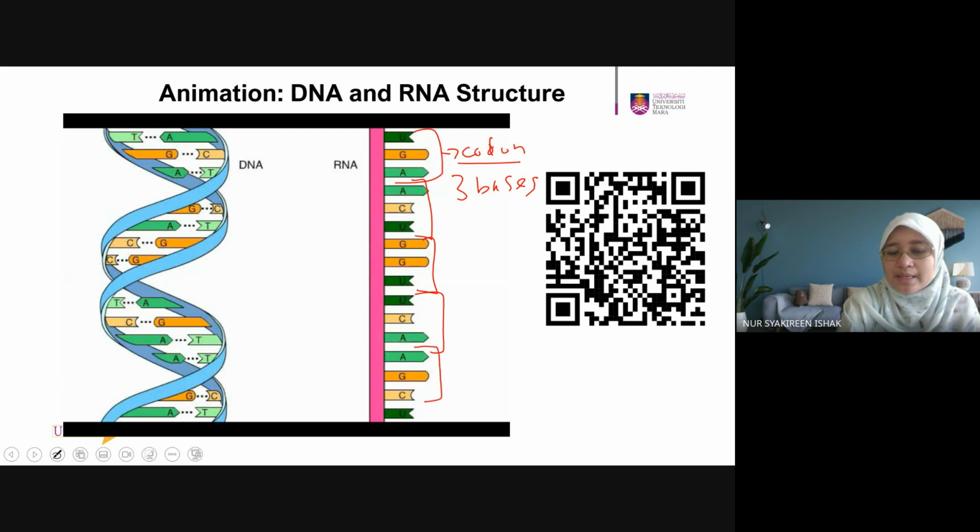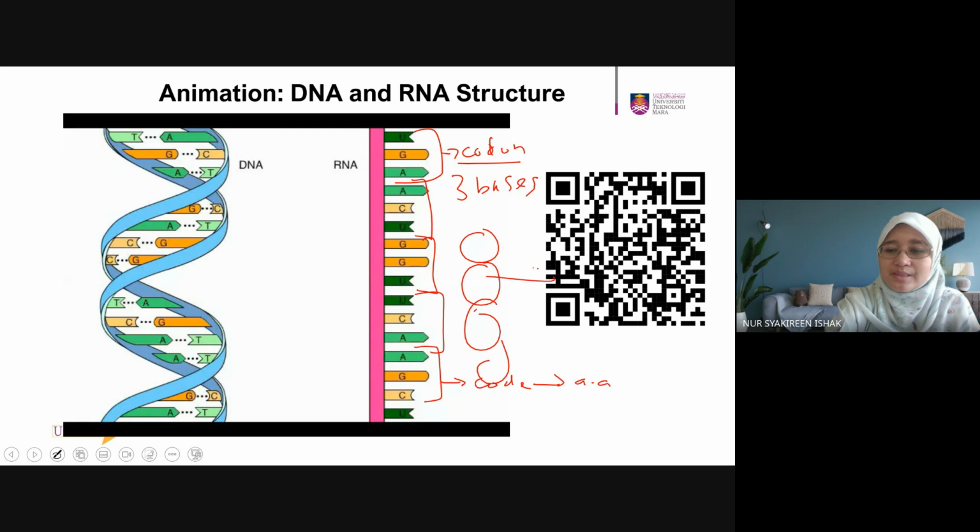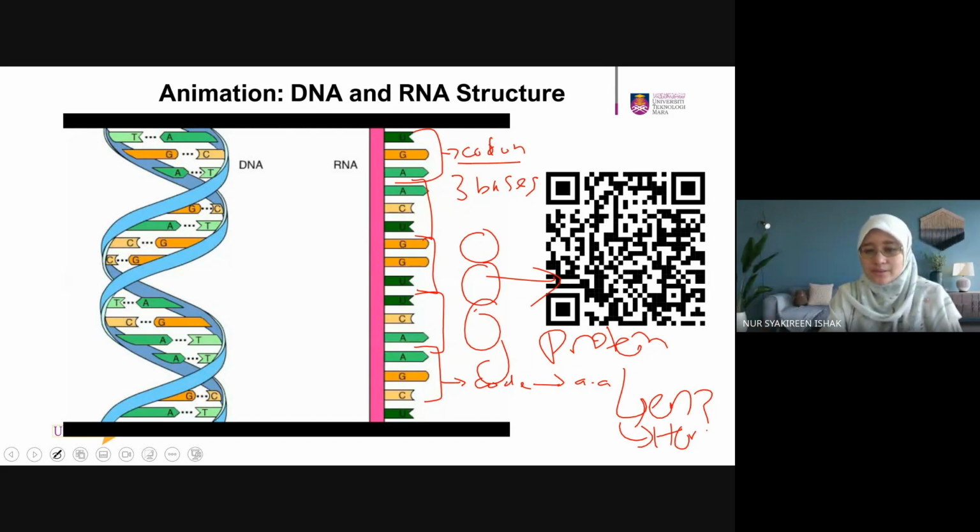For example, the base sequence AGC will code for a certain amino acid. So there will be specific amino acids to form a specific protein. This protein can be an enzyme, a hormone, or other proteins that the cell requires.